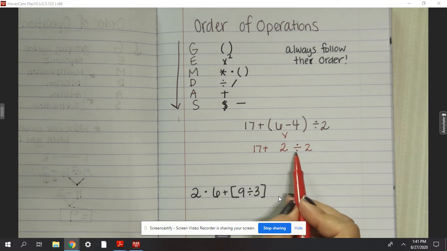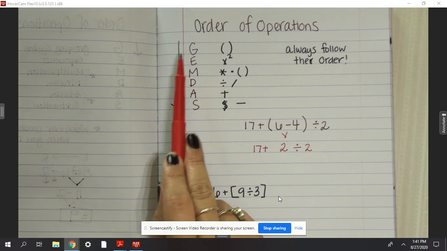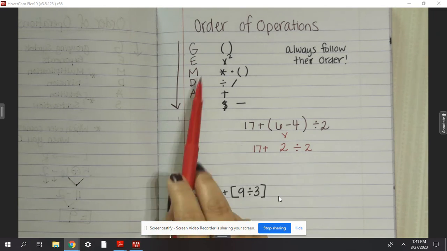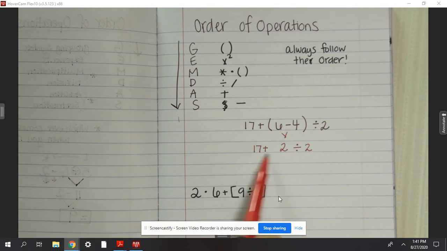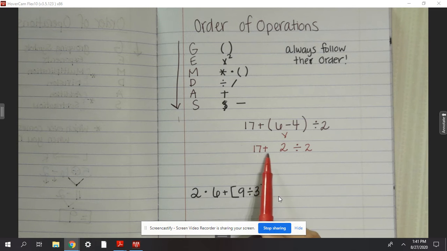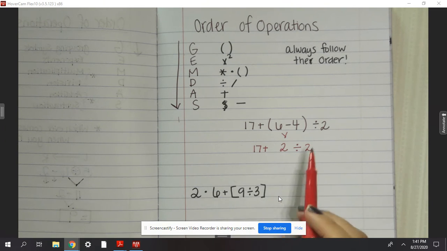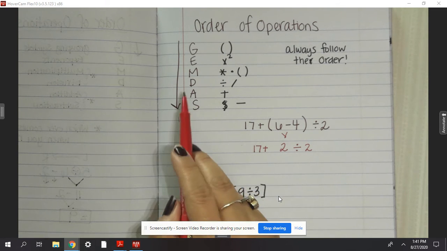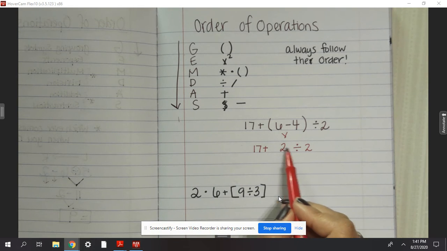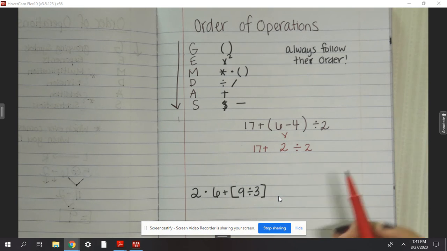Okay, so now I'm going to do my order of operations. Do I have any grouping symbols? No. Exponents? No. Multiplication or division? Do I have that? I do. Okay, so since I have the division, I'm going to do that next.